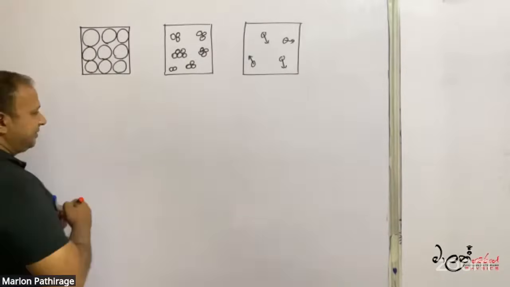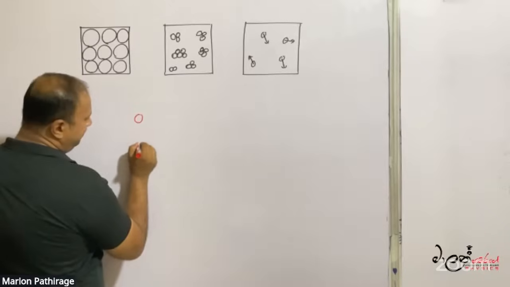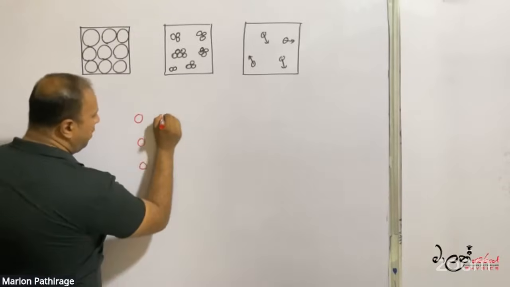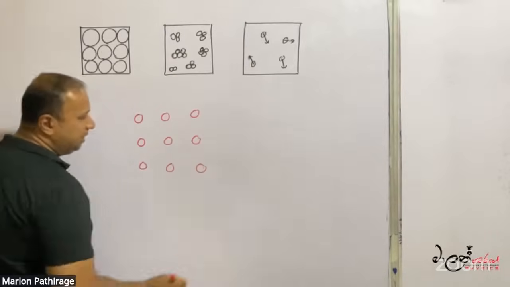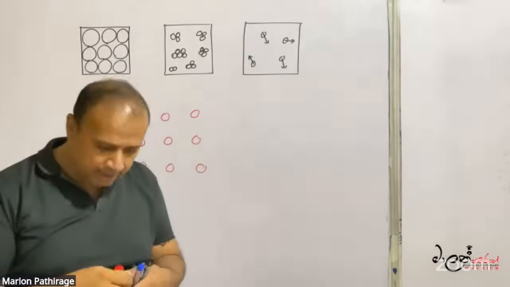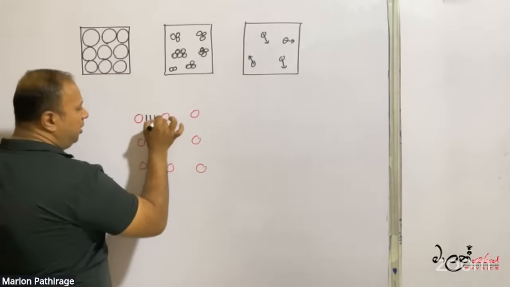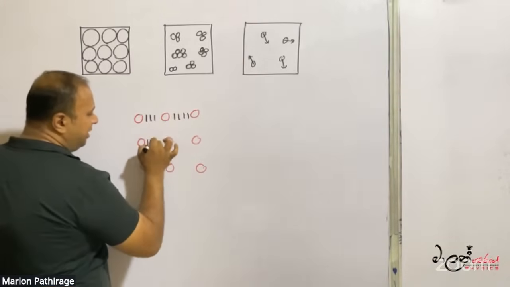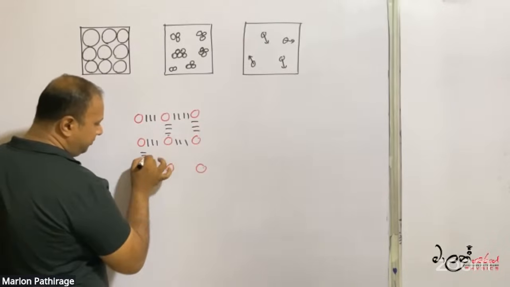Then look at this one. Now if we consider the structure of the object, there are intermolecular bonds between them. Intermolecular attraction.